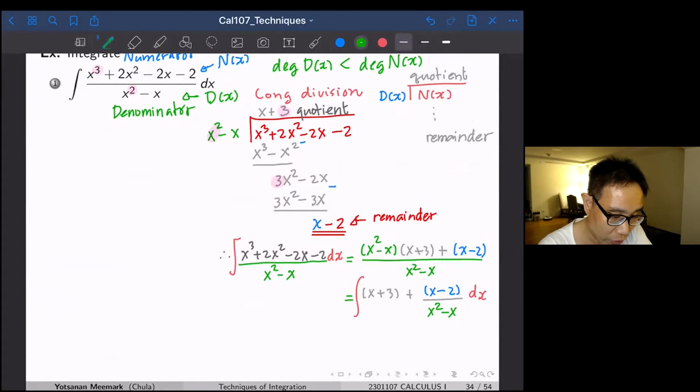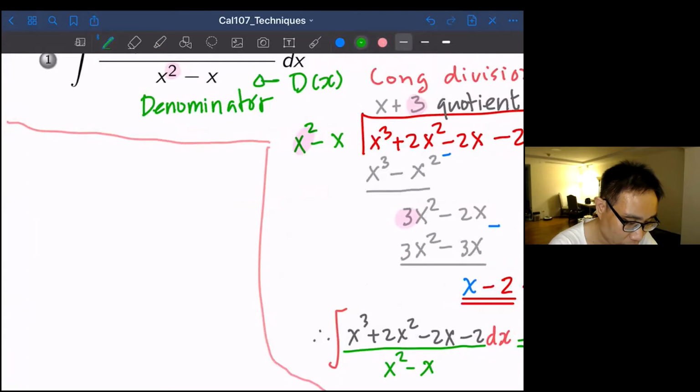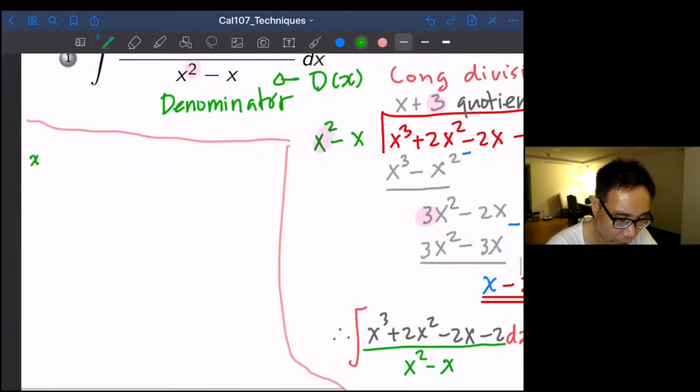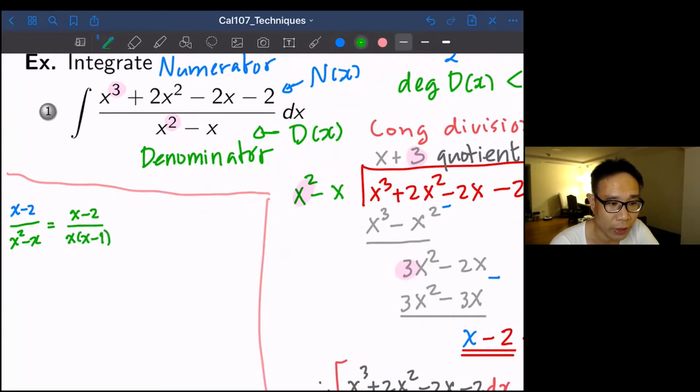For the bottom, it's going to be x minus 2 over x times x minus 1.